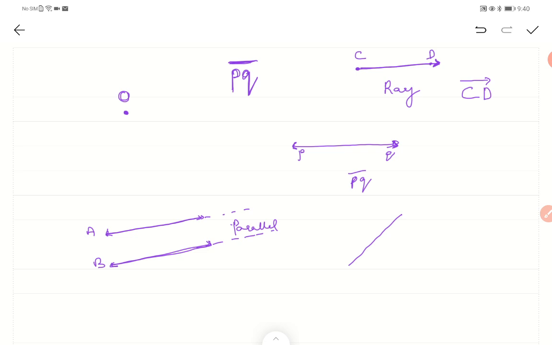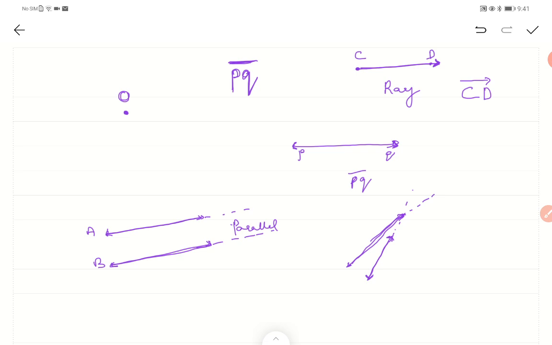Suppose I took two lines, something like this. Are these two lines parallel? No, these are not parallel lines, because if you extend these two lines further, they are going to meet at some point.